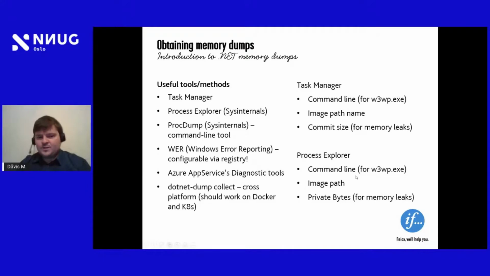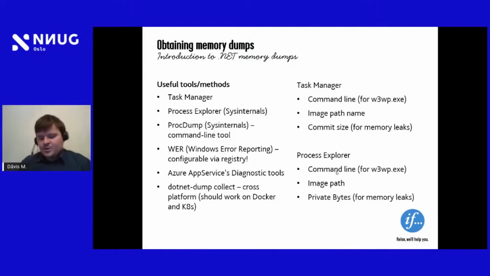And to distinguish different executables with the same name, the image path value is the important field. And for diagnosing memory leaks, commit size in Task Manager and private bytes in Process Explorer are the important fields, because the working set in Process Explorer, and I think it was called something like mem usage in Task Manager, those fields will not always grow when memory leaks happen.